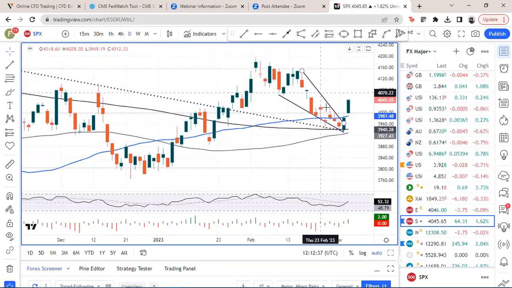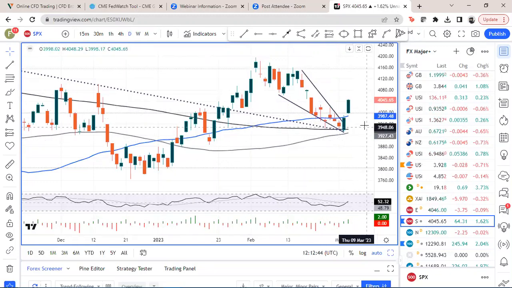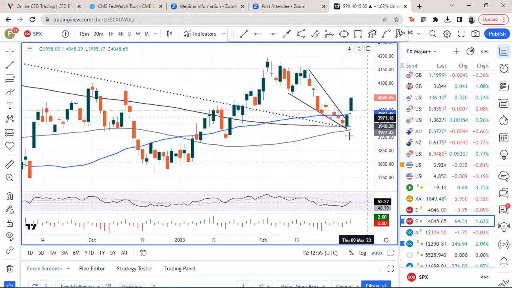We've put in here this falling wedge pattern, and then obviously this break to the upside, also broken through the 50-day moving average at 39.87 there. Constructive push higher, rebound really effectively from a key zone of support potentially.